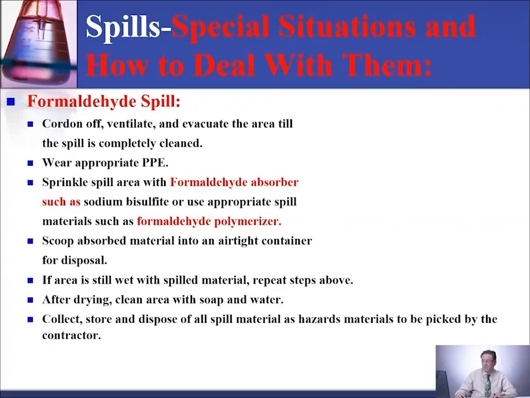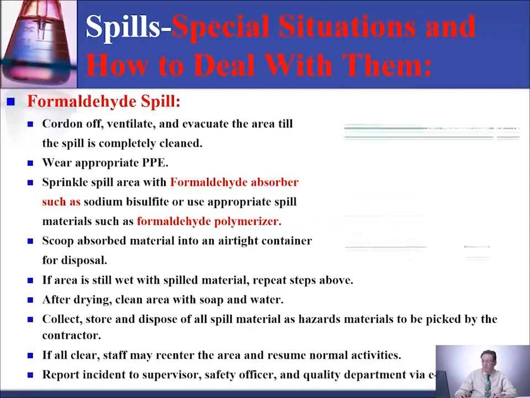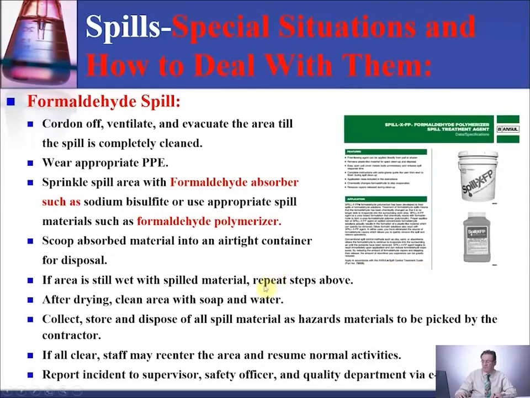Scoop absorbent material into an airtight container for disposal. If the area is still wet with spilled material, repeat the steps above. After drying, clean the area with soap and water.